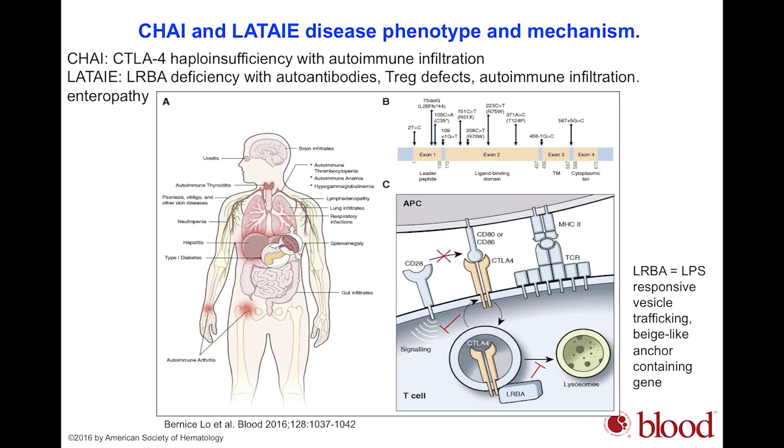So here there is an alteration in a molecule known as LRBA, which is an LPS responsive vesicle trafficking beige-like anchoring containing gene. This is the protein that is key to shuttling CTLA-4 from its cytoplasmic location to the cell surface.